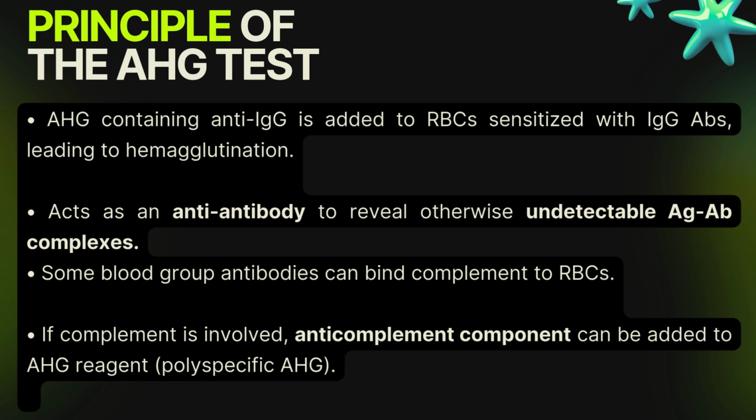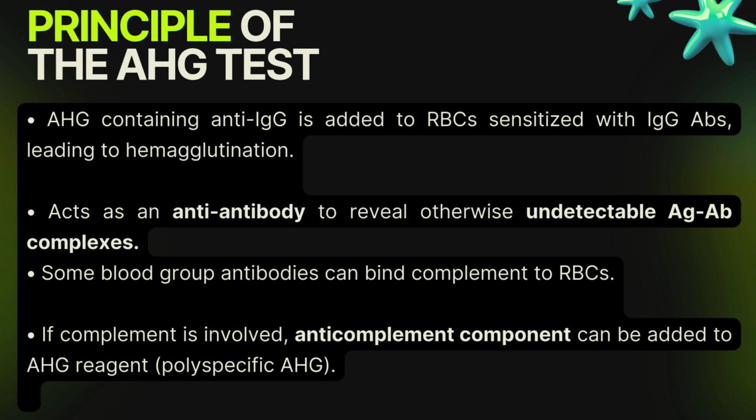Now, why is this significant? Because the AHG acts as an antibody, helping us to reveal antigen-antibody complexes that might otherwise go undetected. So, this insight is vital for diagnosing and managing conditions related to blood group incompatibility.